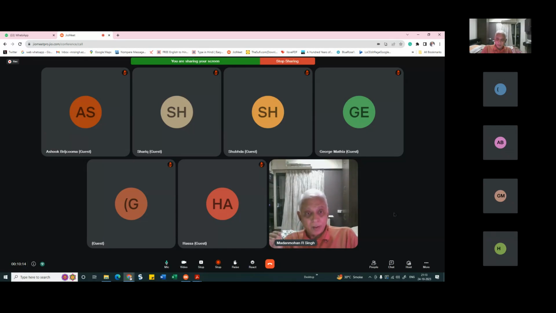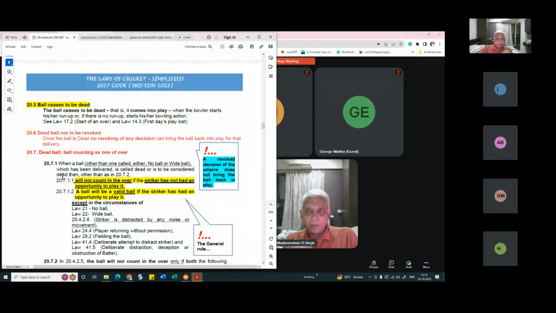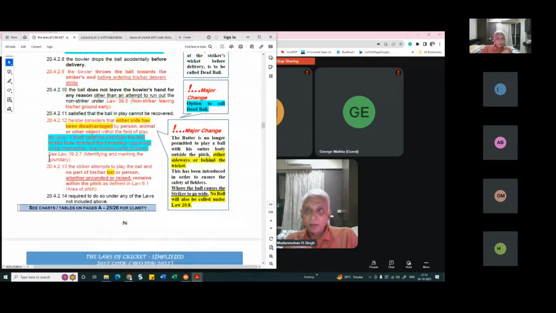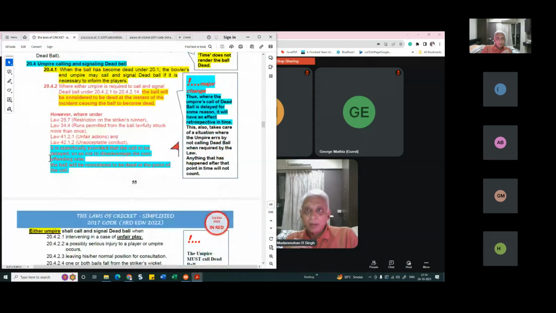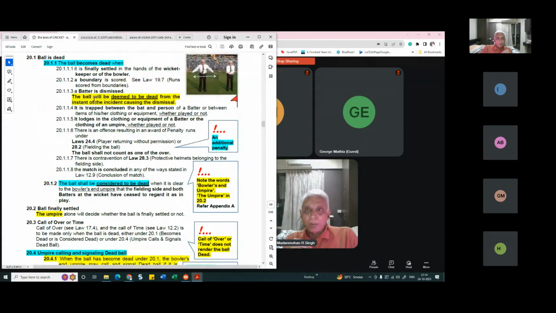That run out not only does not count, it does not count even if I overturn my decision or the third umpire overturns my decision. Now, what was rare earlier is now a frequent occurrence. But both these laws together mean that the ball will be deemed to be dead from the impact of the ball on the pad.